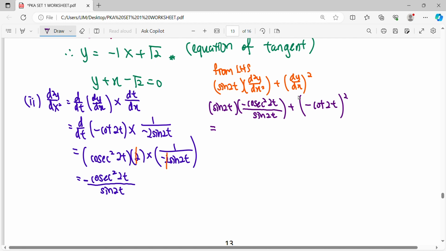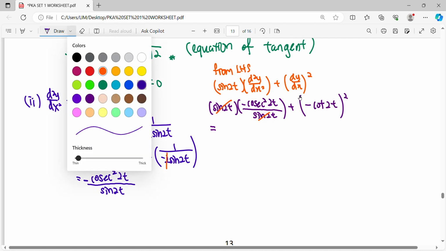So what can we see here? What can we simplify here? Sine 2t and sine 2t can be cancelled out. Remember your answer is just -1. Means all the trigo here can be simplified, maybe using an identity to get until -1.